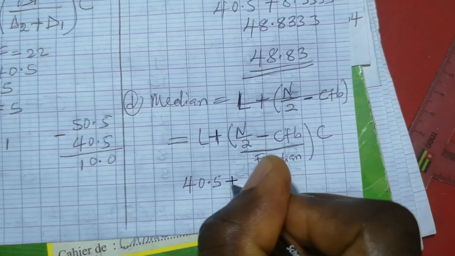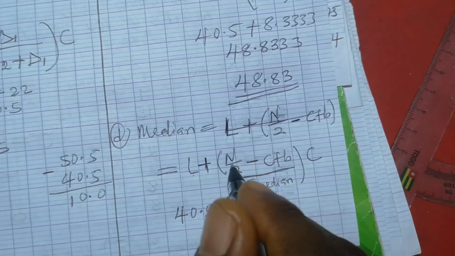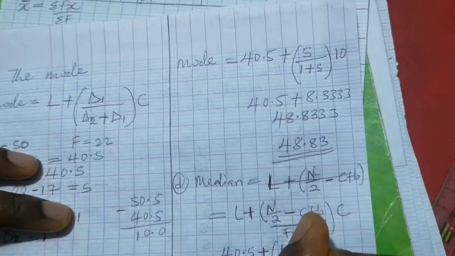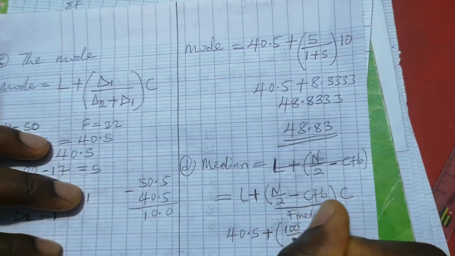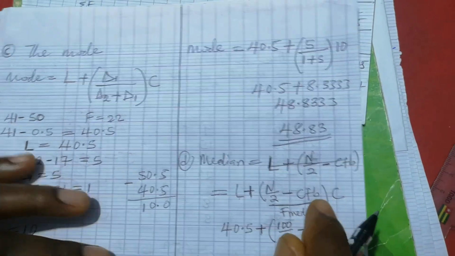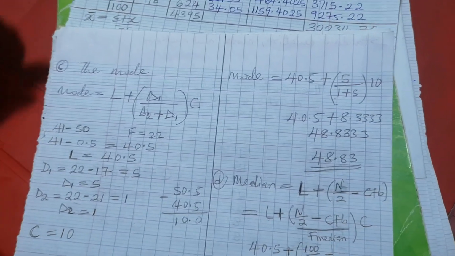Then we say plus, in brackets, N, the sum of the frequencies, which is 100, divided by 2, then minus the cumulative frequency before the median class.